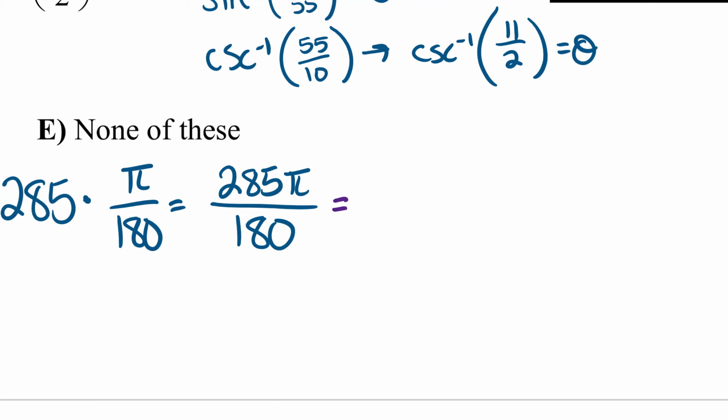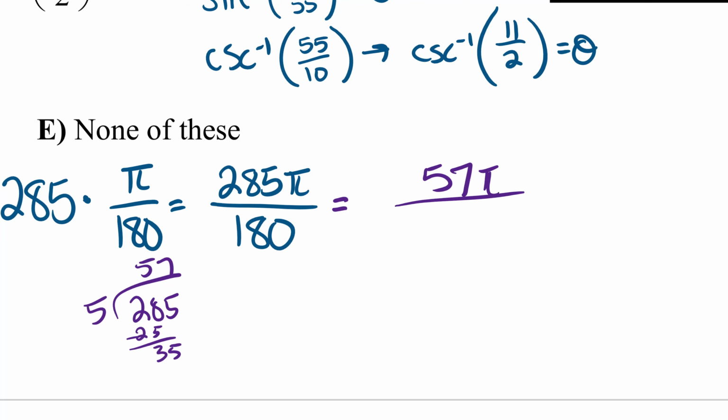So let's see, 5 goes into 285. I don't know. Let's find out. So 5 goes into 28 5 times. And 7. So we have 57 pi. And then 180 divided by 5. 5 goes into 18 3 times. 36.